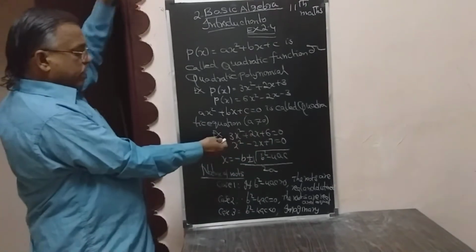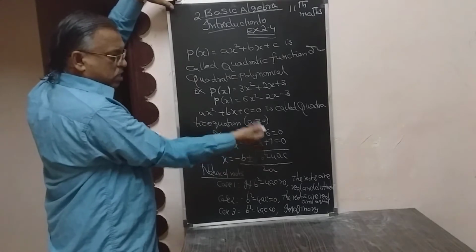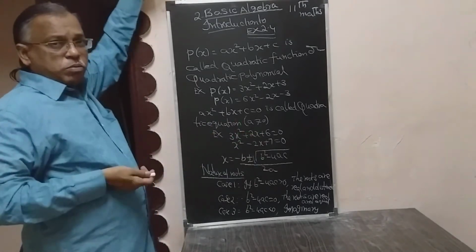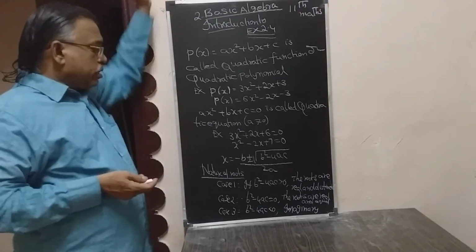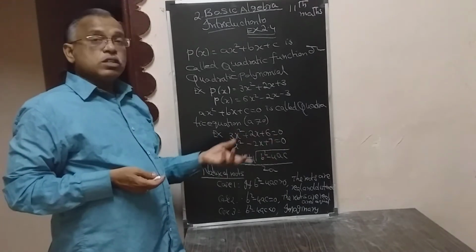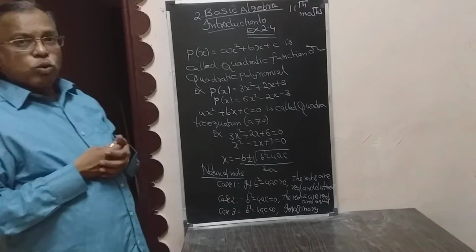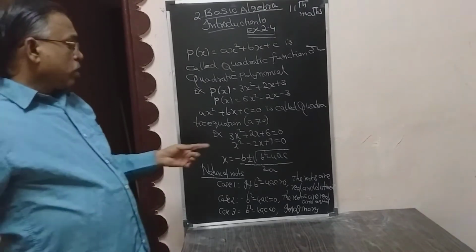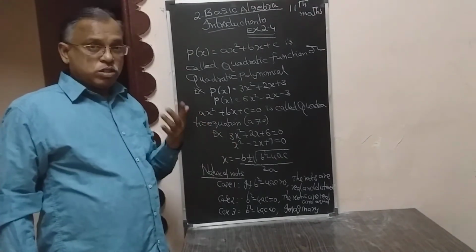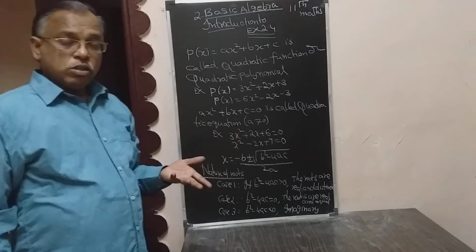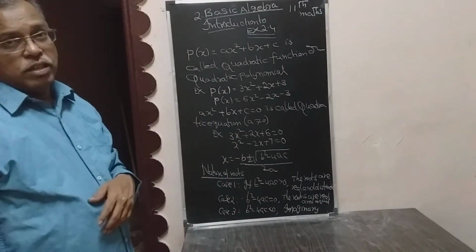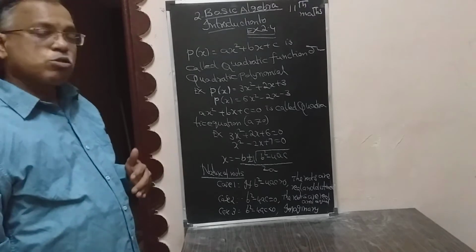Take the example 3x square plus 2x plus 6, or x square minus 2x plus 7 equals 0. To find the roots, this equation possesses two roots, everybody knows. Why? Because the degree is 2. So how will you find those two roots? You studied even in 10th standard also.